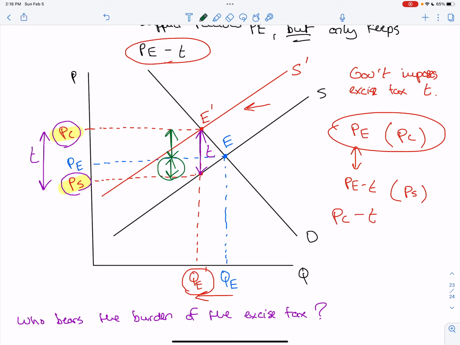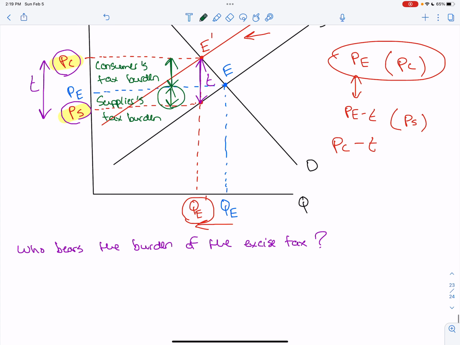So this is the supplier's tax burden. And now, of course, on top here, we have the difference between what the consumer is currently paying and what the consumer had to pay before. So this is the consumer's tax burden.